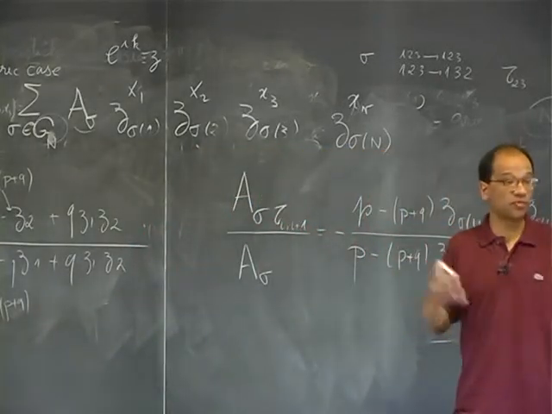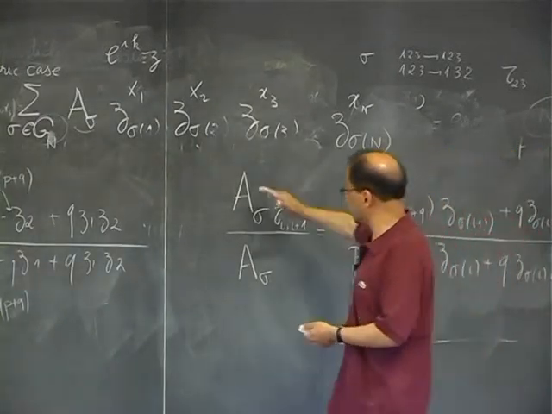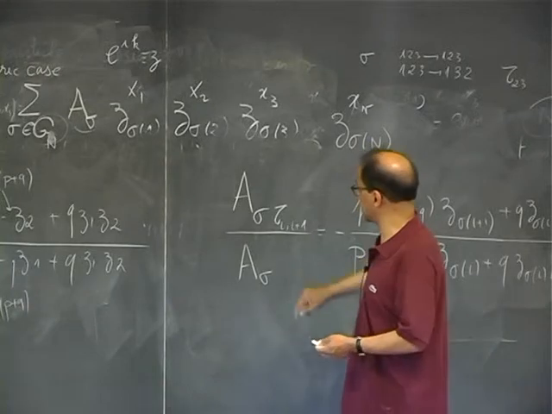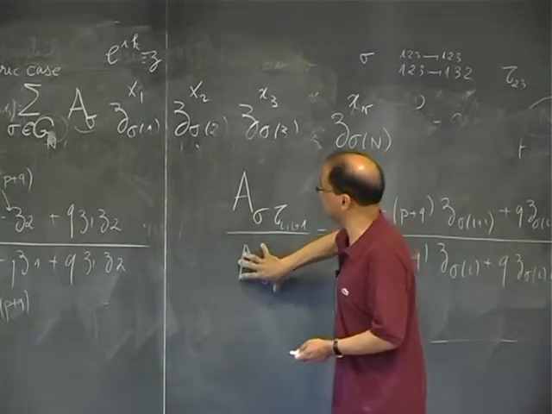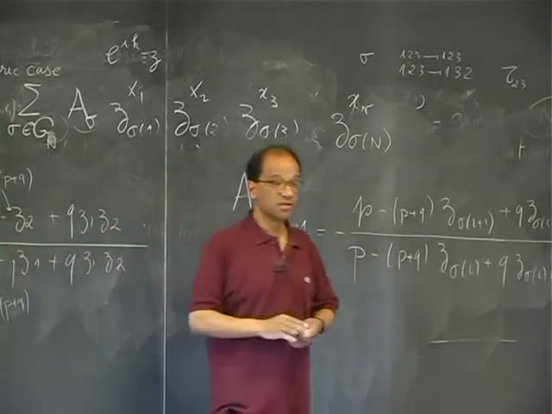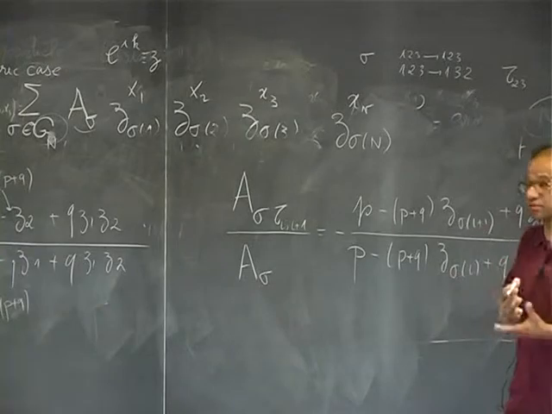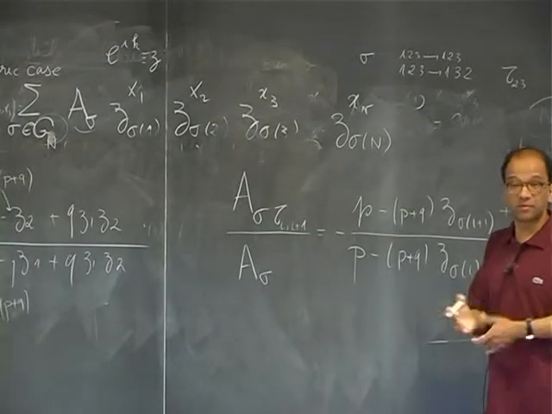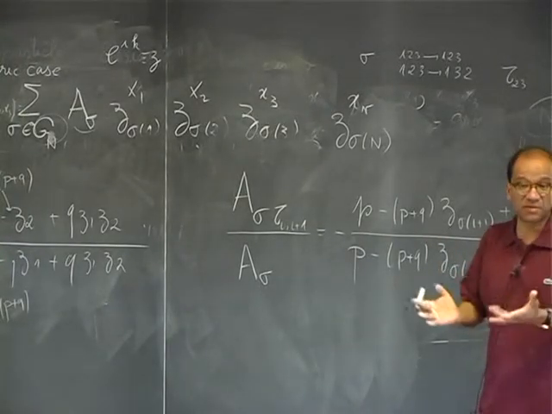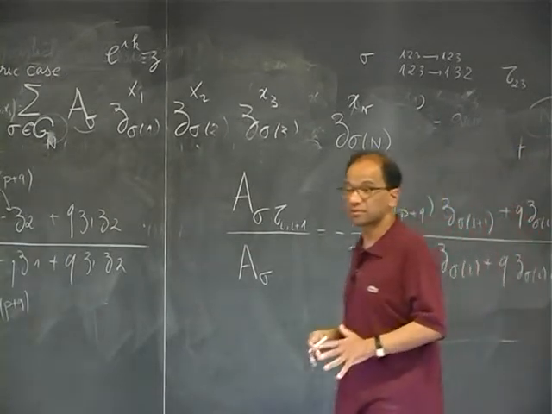And don't forget, there is an overall constant which is not important, because these are linear equations, and you know the ratio of any two of them, especially you know the ratio of any A sigma with A1, 2, 3, n, A identity. So you have no freedom anymore. And if you had any new cancellation condition which had appeared because of some reason, Bethe Ansatz would fail. So it's just tight. Okay.